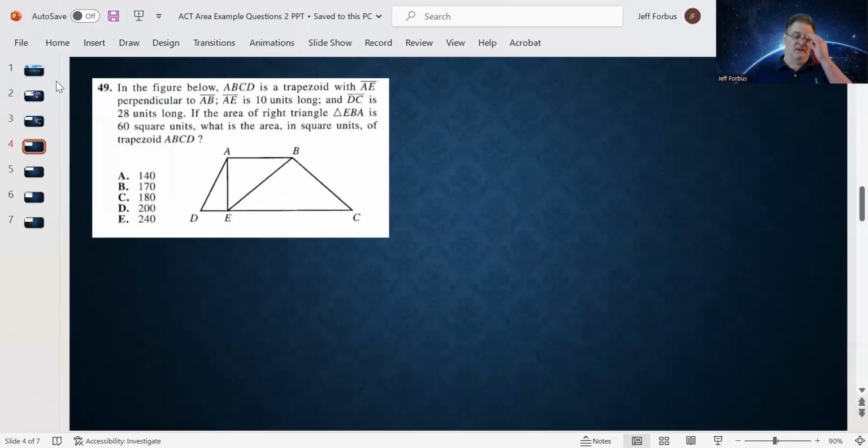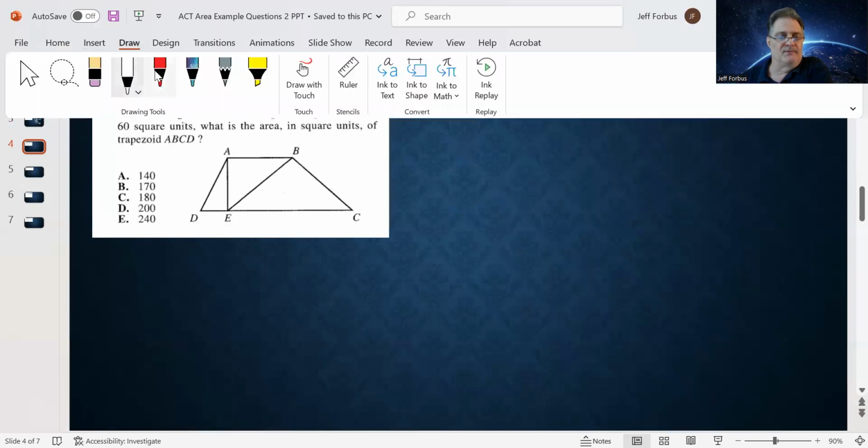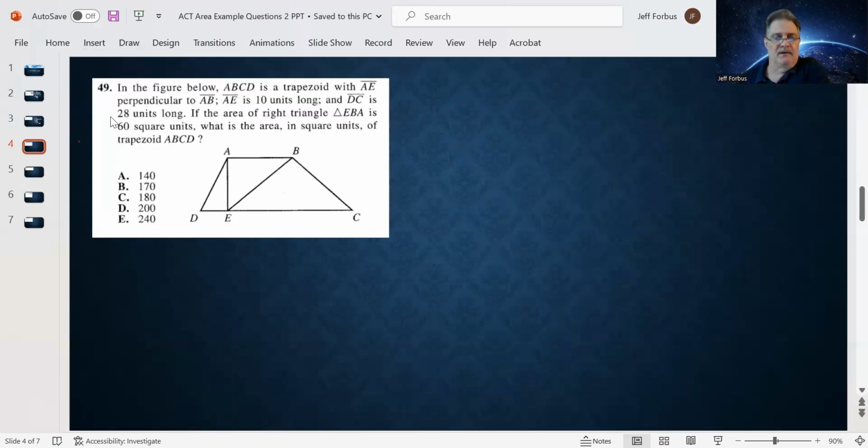Now, this one looks intimidating, but it really isn't. Let me get my pen tip color changed to red. Now, in the figure below, ABCD is a trapezoid with AE perpendicular to AB, and AE is 10 units long. So AE is 10, and DC is 28.